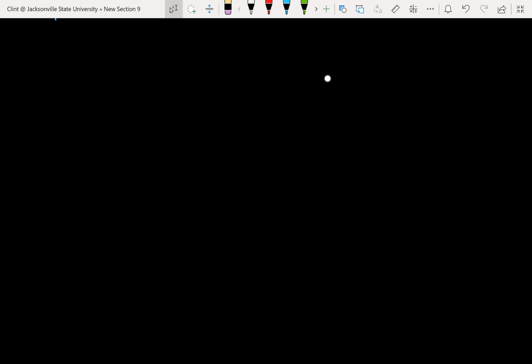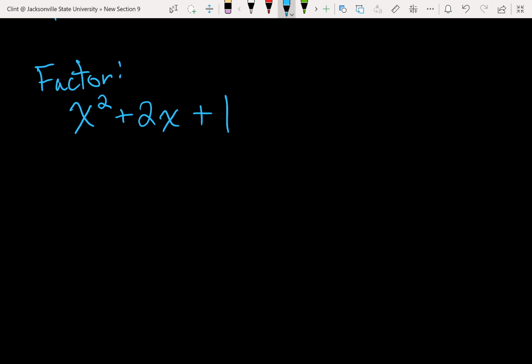Let's see what about factoring. What are we looking for when we say factor?